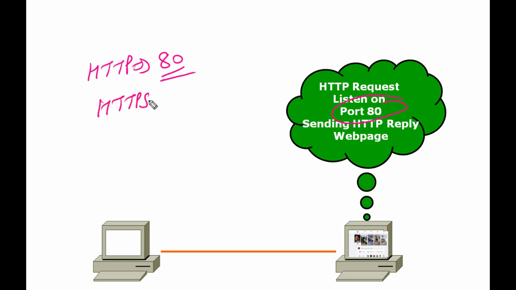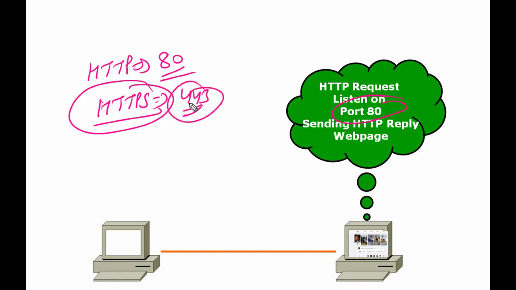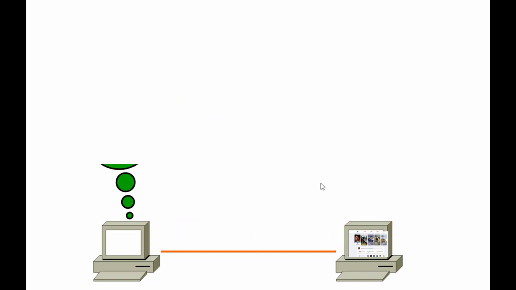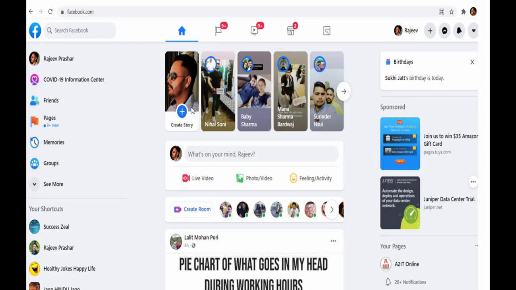Now Facebook is secure, HTTPS, Hypertext Transfer Protocol Secure, so the port should be listened on 443. So this is all about a client wanting to access Facebook. The web server is accessed with the help of the port number. When it receives the message with the port number, it sends a response back to your client and Facebook opens. So this is my Facebook, I have accessed it.